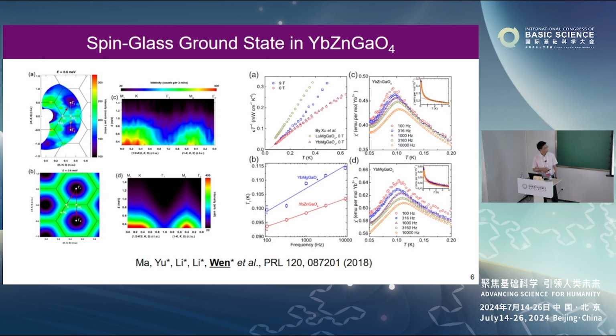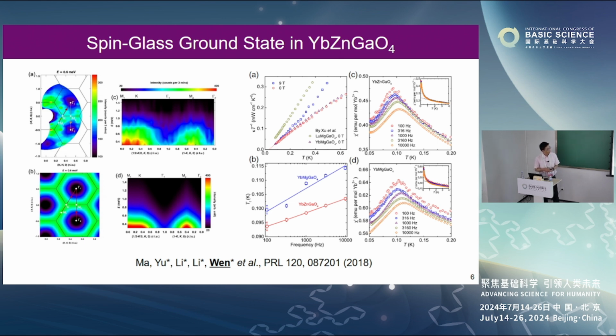We further proceed. We measure the low temperature thermal conductivity, and we don't see any thermal conductivity contributed from the fractional excitation, such as the spinon. And so here we can basically exclude that the ground state is a quantum liquid.